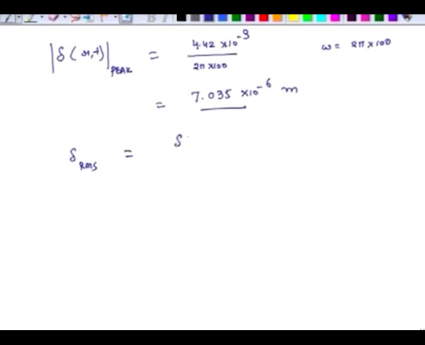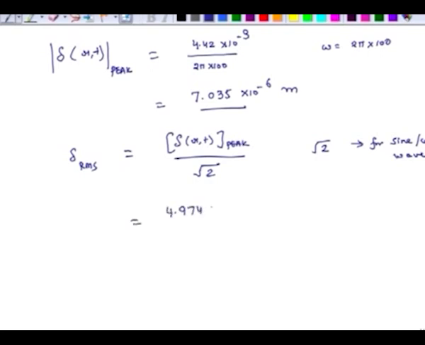So, it is basically the peak value divided by a factor of square root of 2, and this is the factor for sine waves or cosine waves. So, this works out to be 4.974 microns.